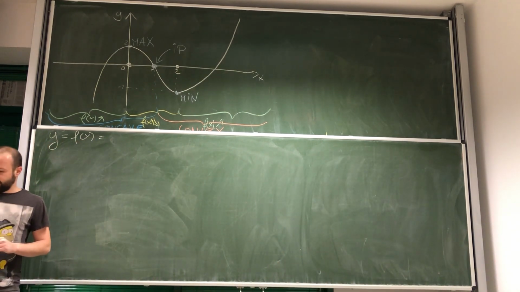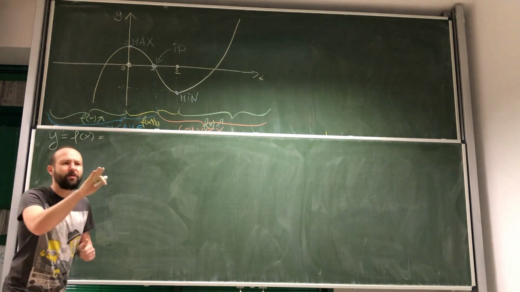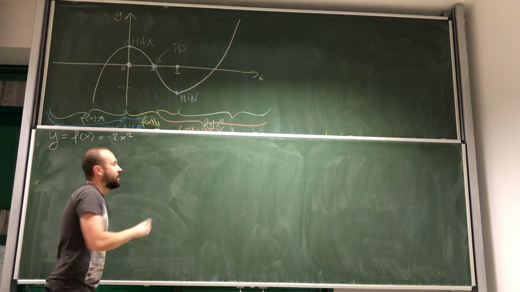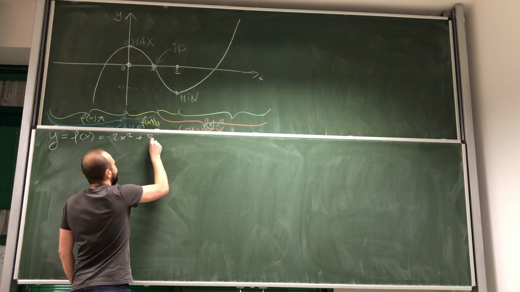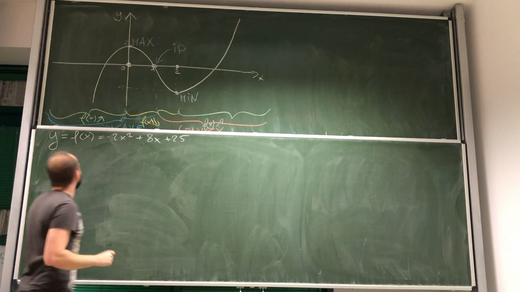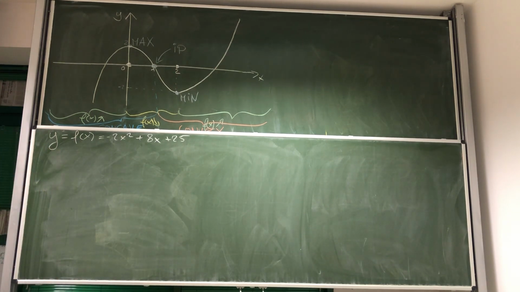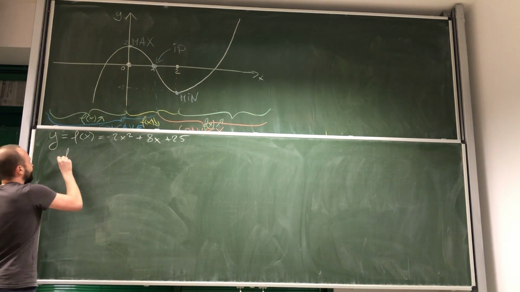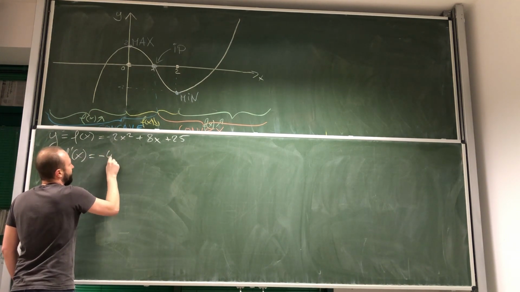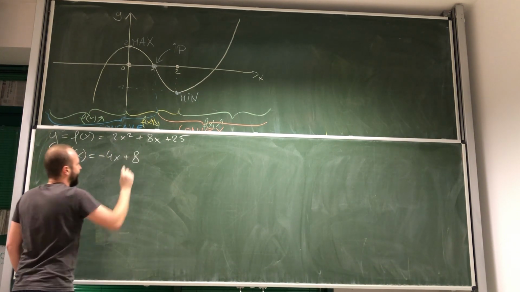Okay, so now we've got negative 2x squared plus 8x plus 25. Okay, so again we start by calculating the first derivative. And the first derivative in this case is negative 4x plus 8.